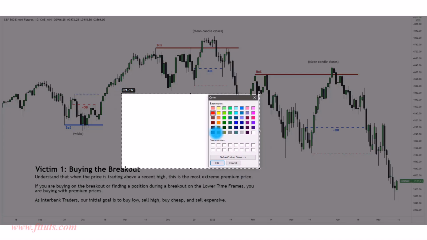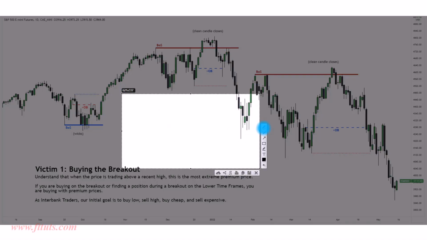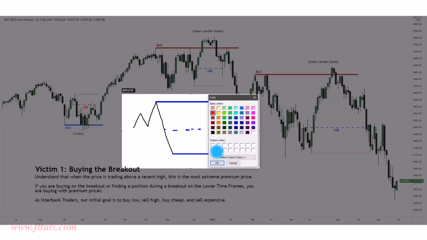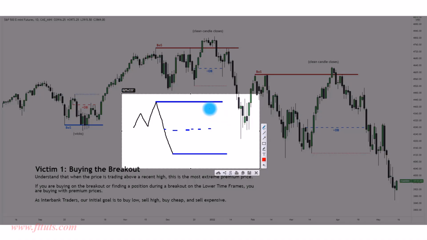If we have a trading range, something like this, this would be your range high, this would be your range low, and this would be equilibrium. In this range, above equilibrium is the premium prices, below equilibrium is discounted prices.